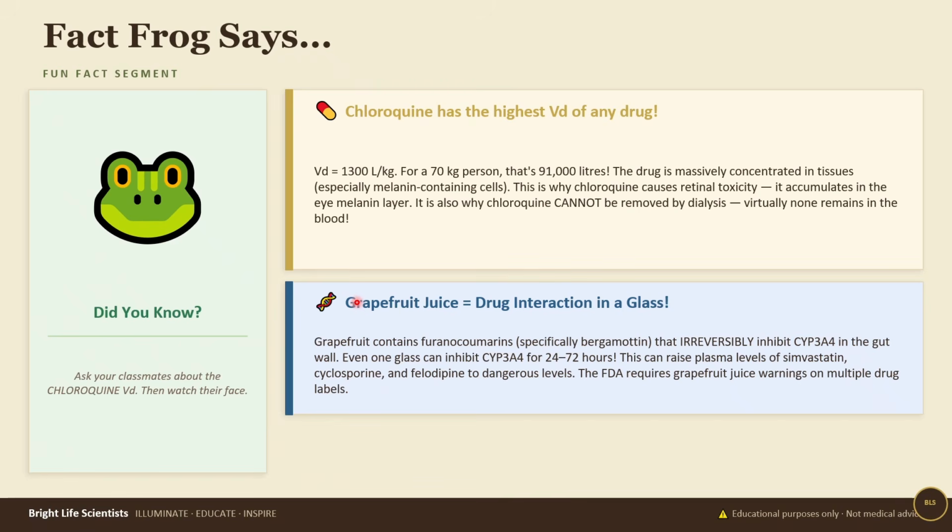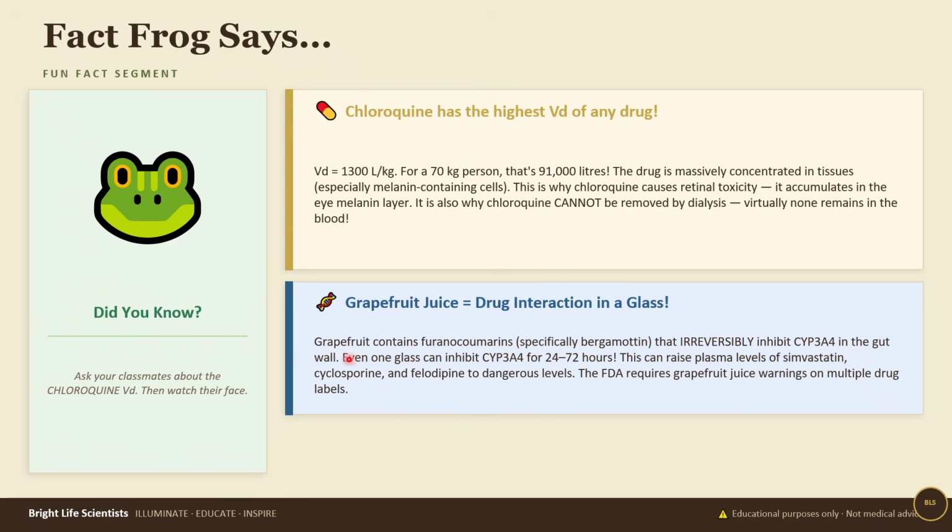And fun fact 2. Grapefruit juice is a drug interaction in a glass. It contains compounds called furanocoumarins, specifically bergamottin, that irreversibly inhibit CYP3A4 in the gut, not temporarily but irreversibly.